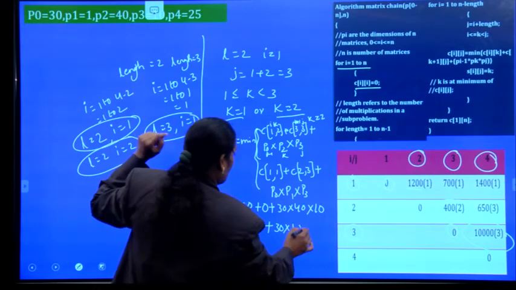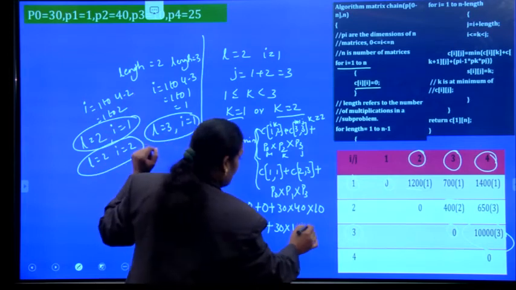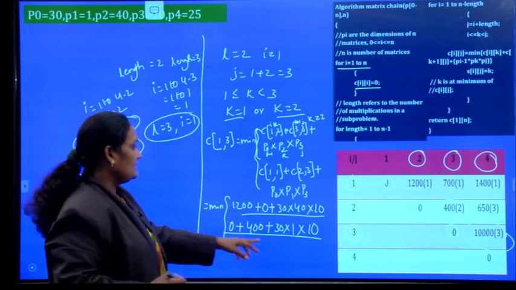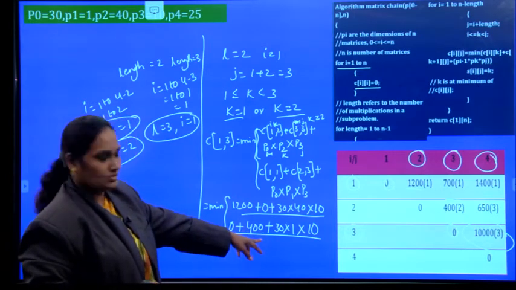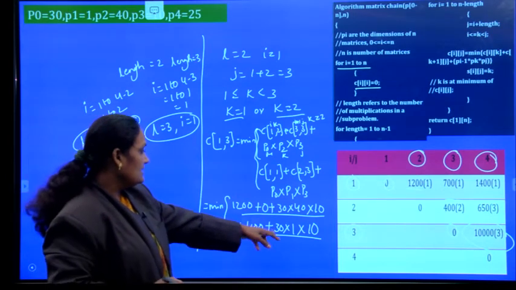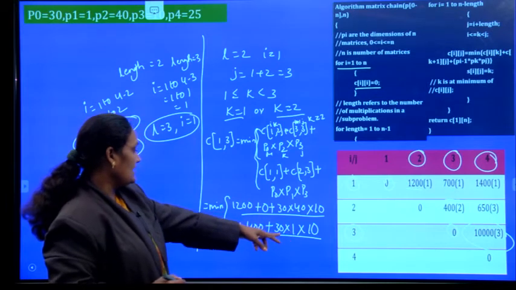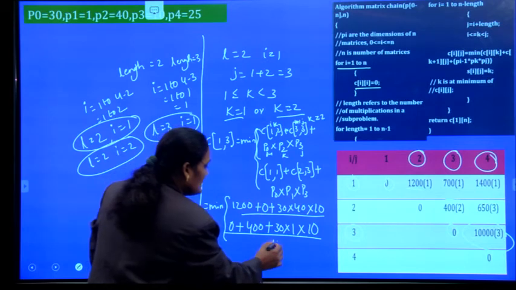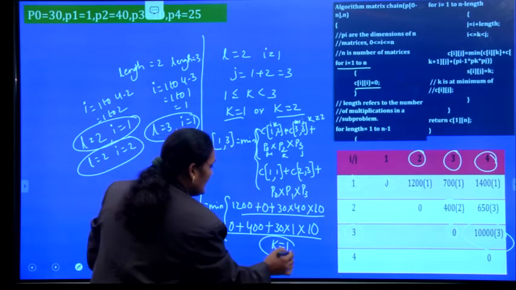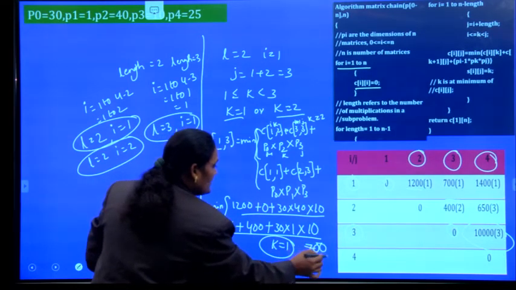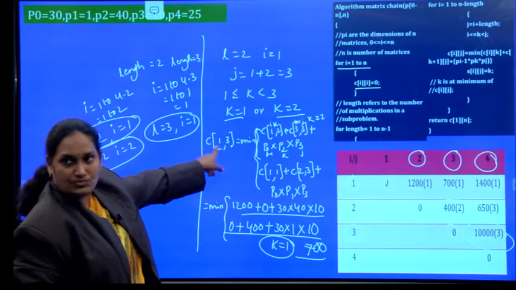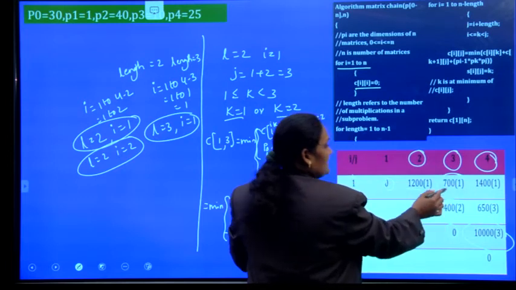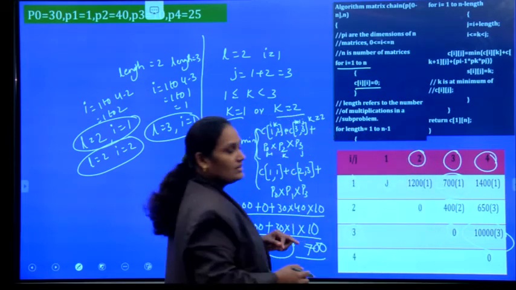P1 is 1 into P3. P3 is 10. Obviously, if you see these two, we will get this as the minimum value. Now here what is this value? 30 into 10, we will get 300 plus 400 which is nothing but 700. For k is equal to 1, we get a minimum value of 700 for cost of 13. Here that is 13, we get 700 and for k value 1.